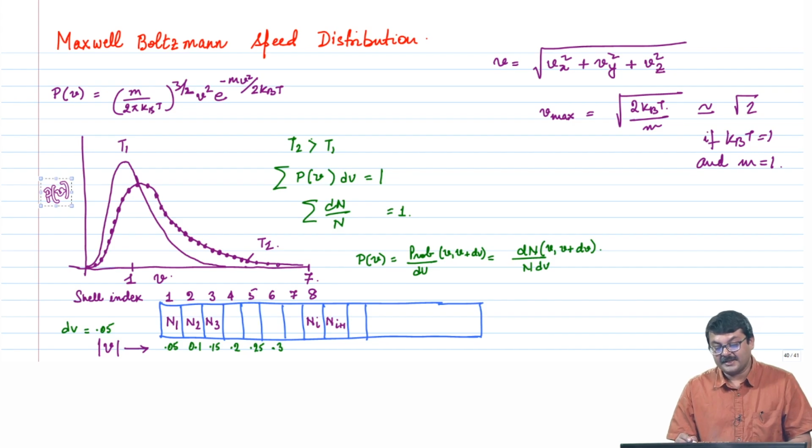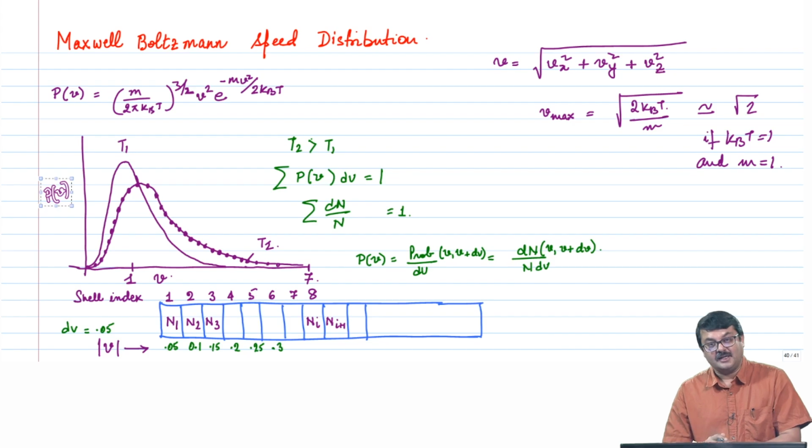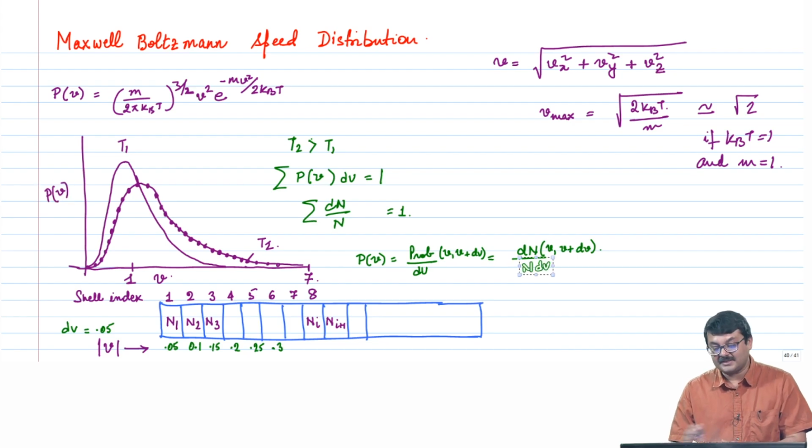It is the number of particles moving with speed between v and v plus dv divided by the total number of particles. This n will be fixed, this dn is the quantity whose average you have to calculate, and then all that you have to do is divide by dv, which will give you the probability density.